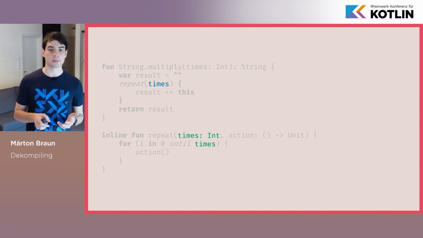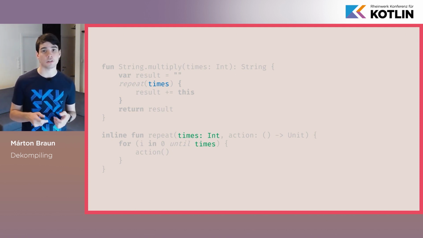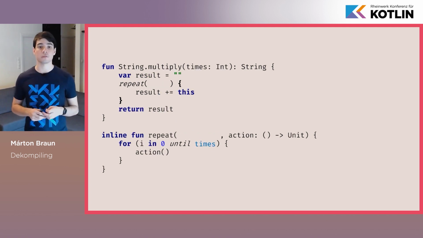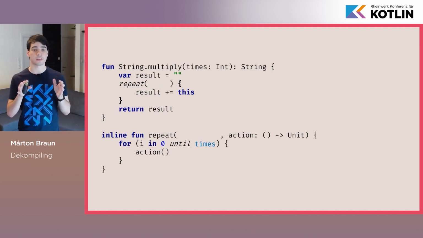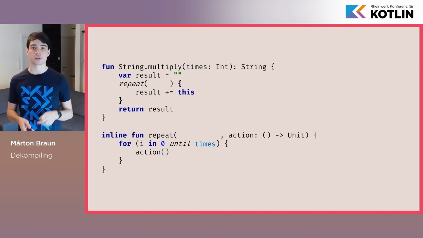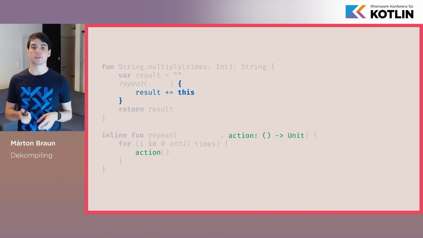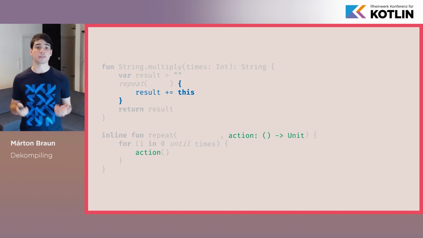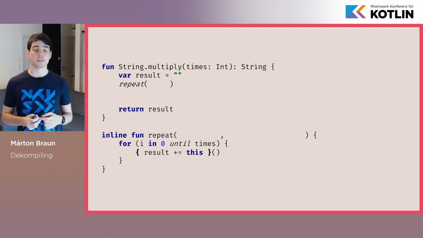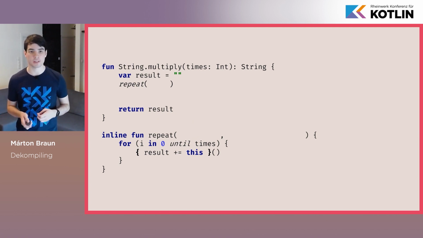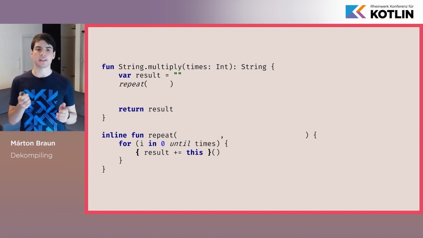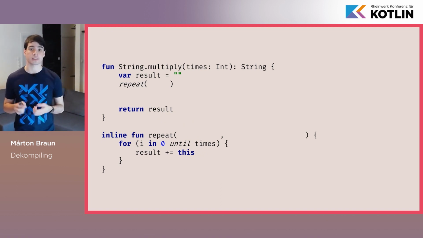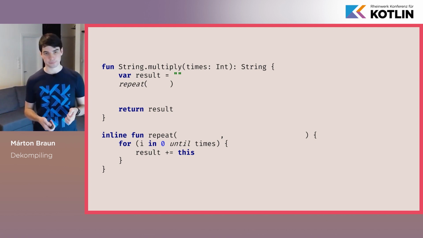So for example, the first parameter here is times, and we're passing in a local variable called times into the function. So we would place that to every occurrence of the parameter in the repeat function's body. And the second parameter is a function type, which is being fulfilled by a lambda. So we would take that lambda and place it to wherever action was being used. And since we are calling that lambda immediately, we can just have the body of the lambda right there instead of creating it and then calling it.